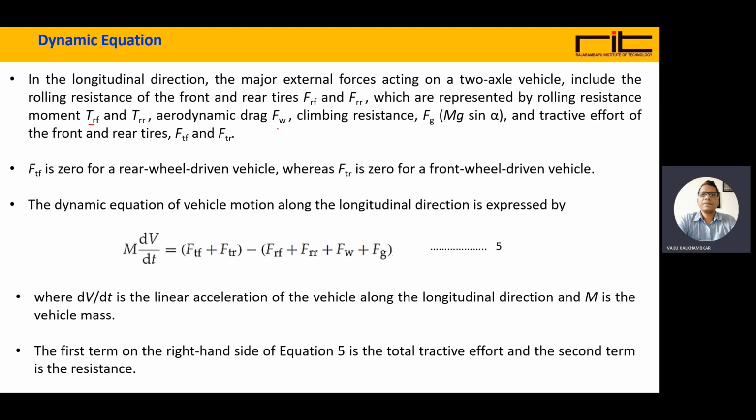Aerodynamic drag is indicated by Fw. Climbing resistance or grade resistance Fg is nothing but mg sin alpha, and then the tractive effort of the front and rear tires. This tractive effort is given basically by the engine or the motor, which gives motion to the vehicle. So it is Ftf and Ftr. Ftf is 0 for a rear wheel driven vehicle, whereas Ftr is 0 for a front wheel driven vehicle.